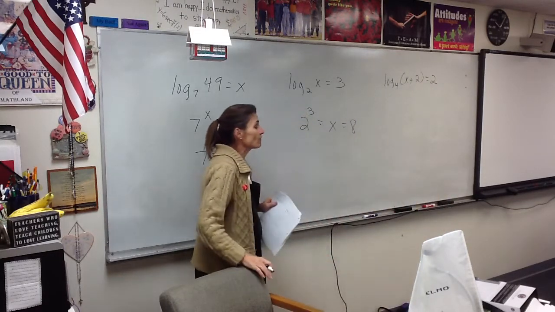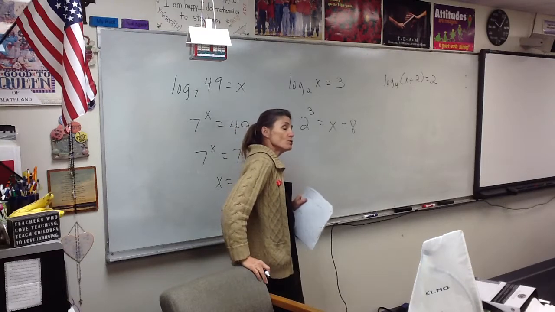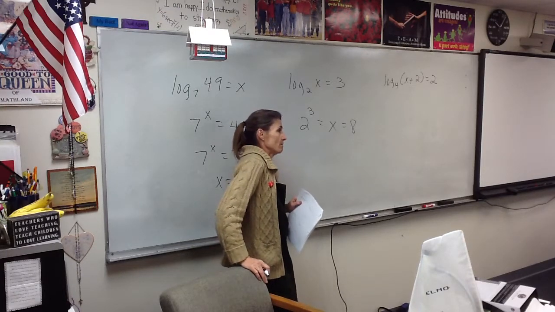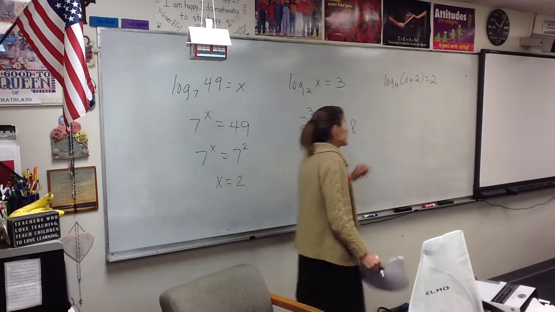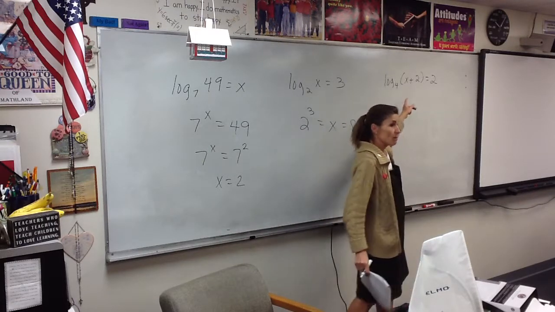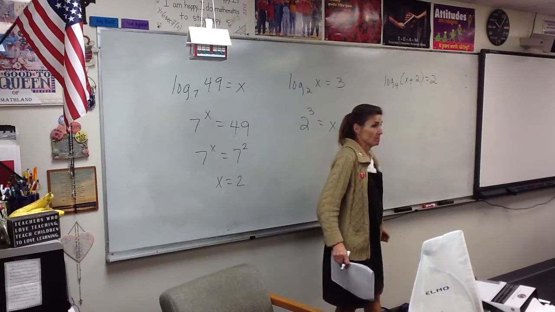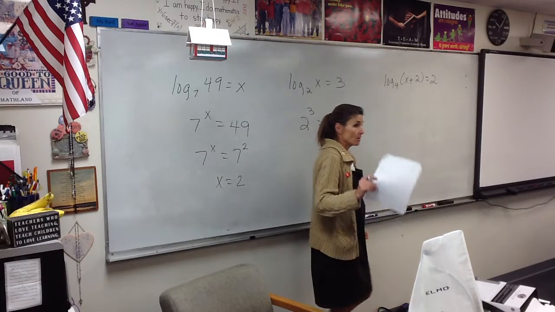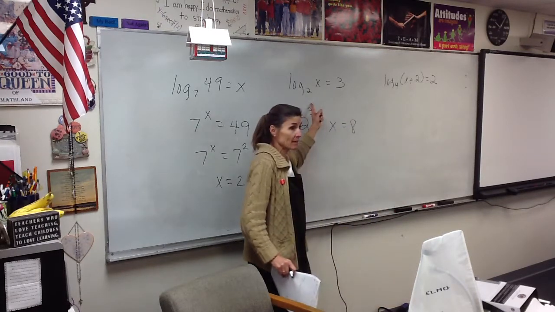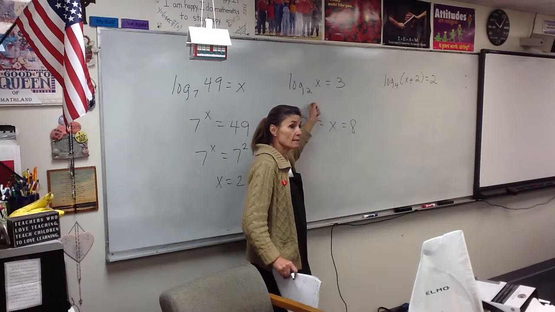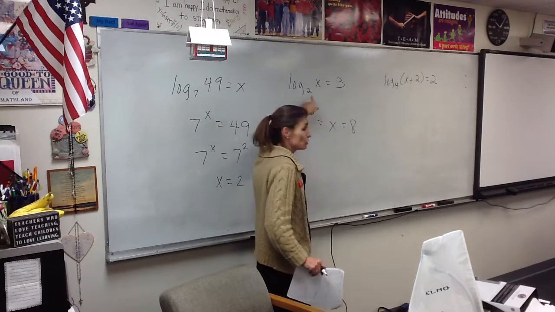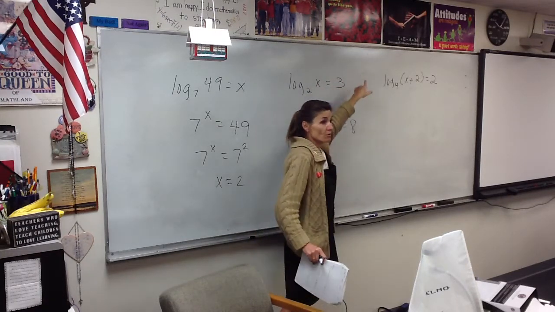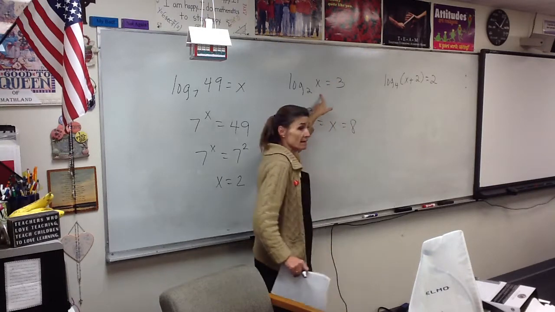Okay, this is a tougher equation, but we're going to do it exactly the same way. Veronica, any ideas how we might handle that problem? Okay, we're going to handle it exactly like we handled this one. So what did I do with this one? 2 to the 3rd equals x.